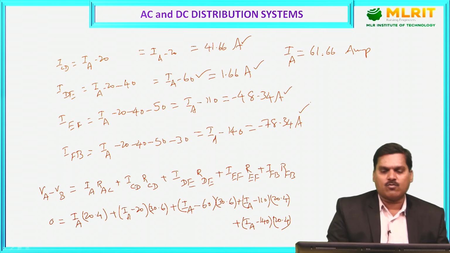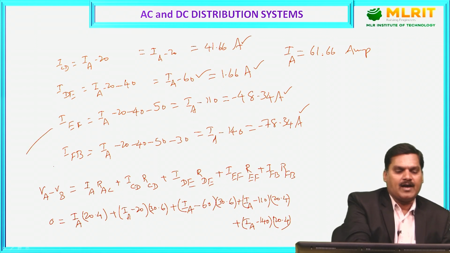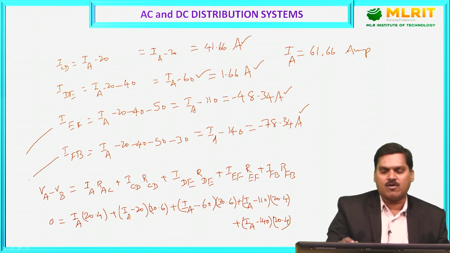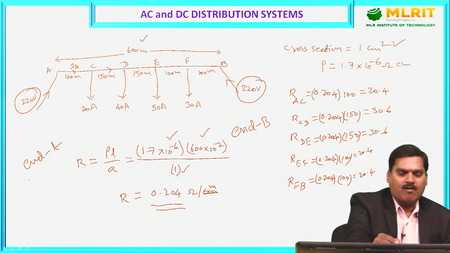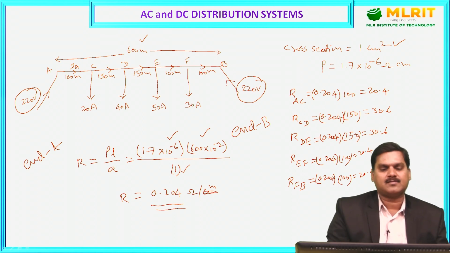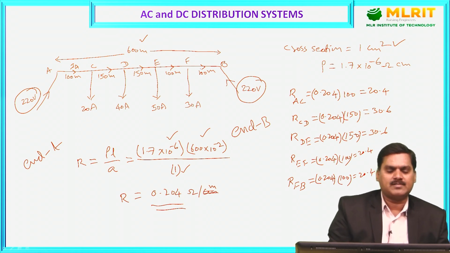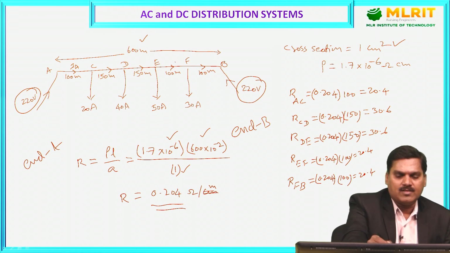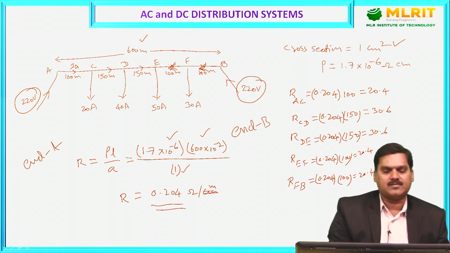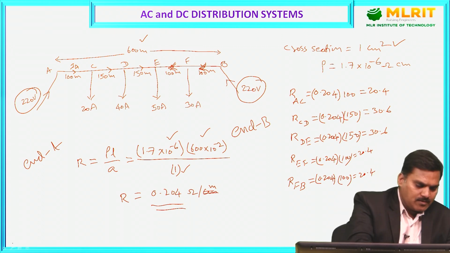If you observe closely, IEF and IFB, these two currents we got as negative. That means we considered all the directions like this while calculating, but for IEF and IFB we got negative values. That means the current is actually flowing in the opposite direction.